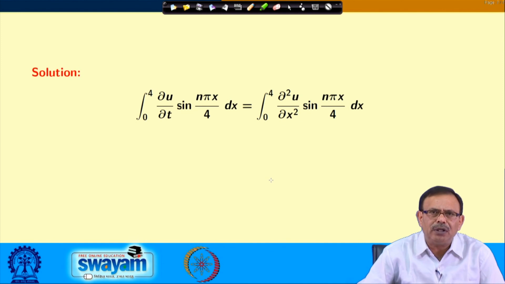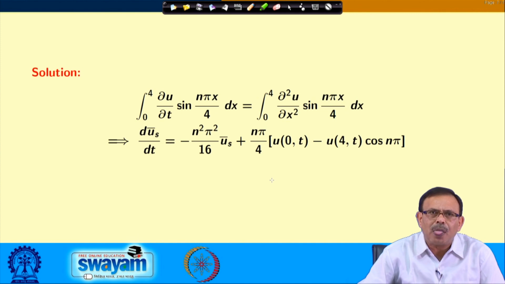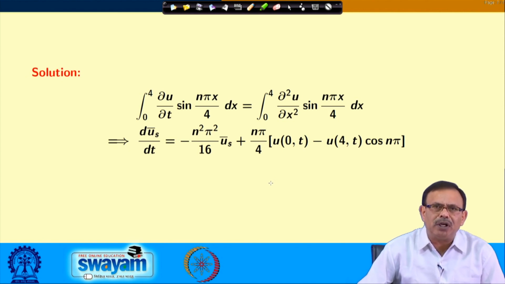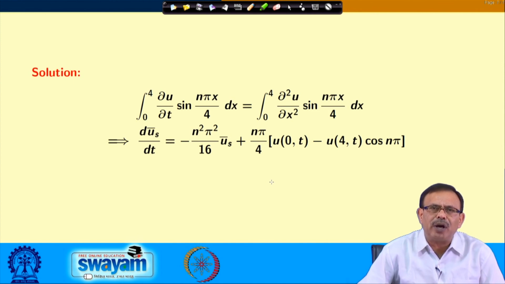Once I do it, I get the integral from 0 to 4 of del u del t sin(n pi x/4) equals the integral from 0 to 4 of del 2 u del x square sin(n pi x/4) dx. So, d u bar s dt will be the left hand side. I have already explained why d/dt of u bar s comes on the left hand side, and the integral of del 2 u del x square sin(n pi x/4) dx was also evaluated earlier.